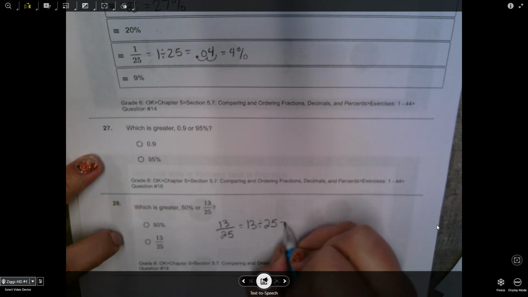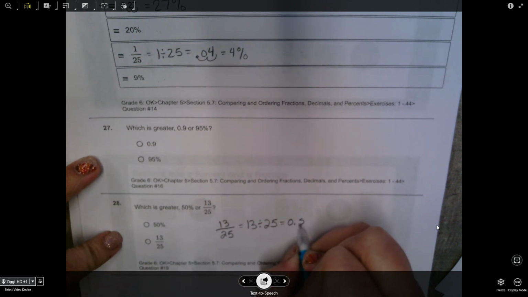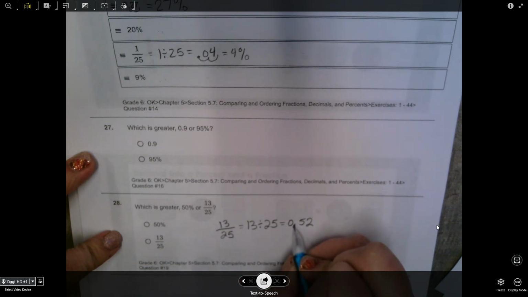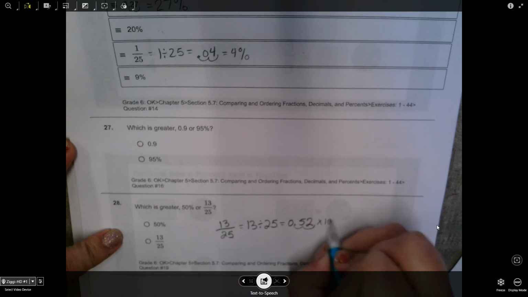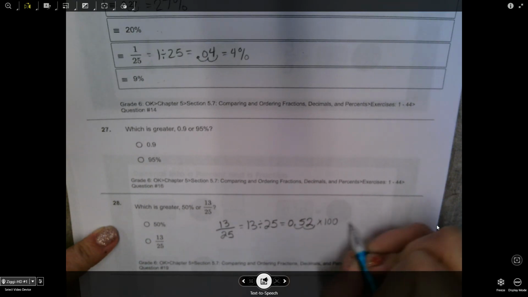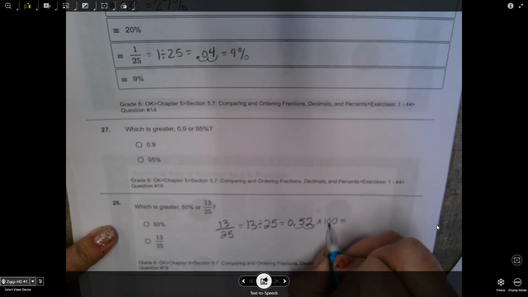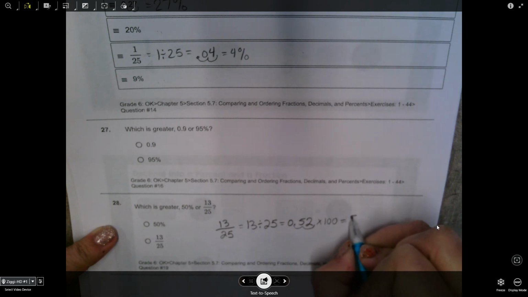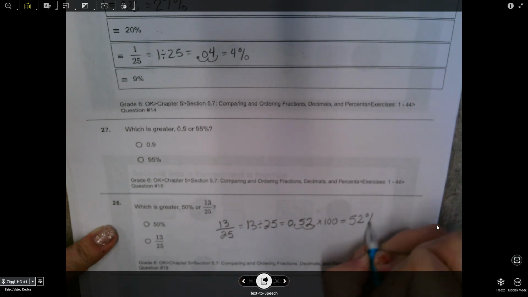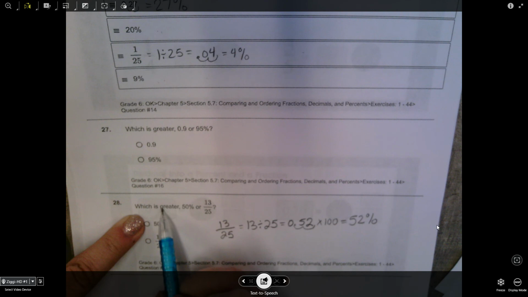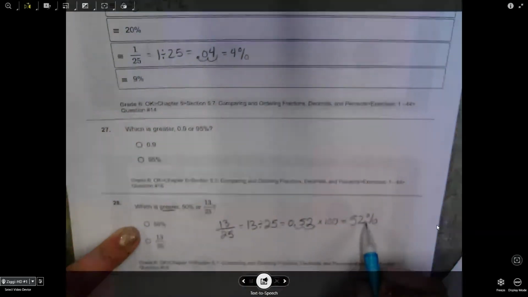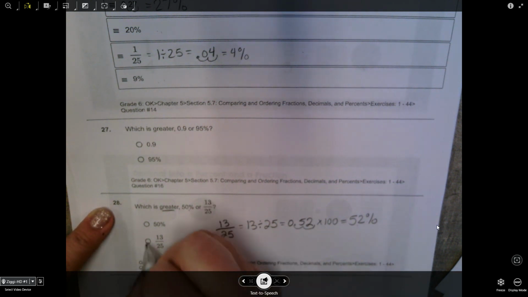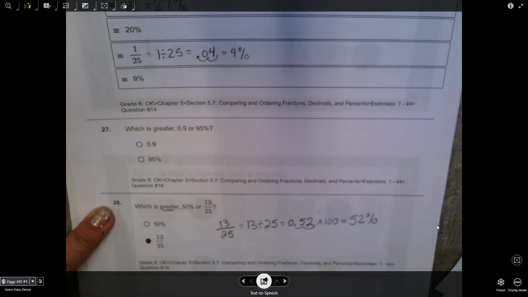And you get 0.52. Move the decimal 2 places to the right, because what you're doing is multiplying by 100, because percent is out of 100, and you would get 52%, which is greater, 50% or 52%. 52% is greater, so you would color in that bubble.